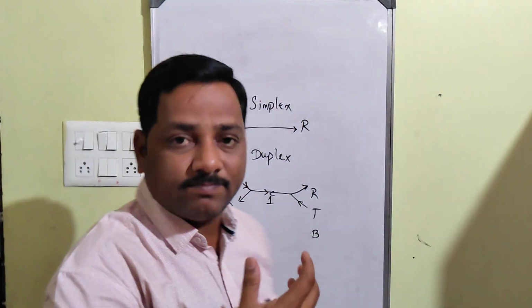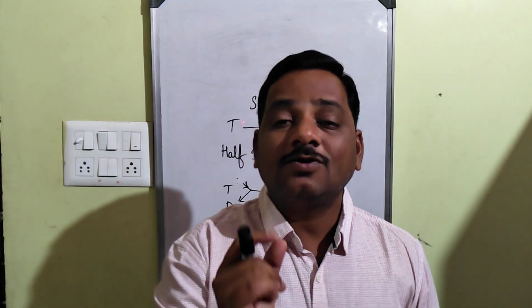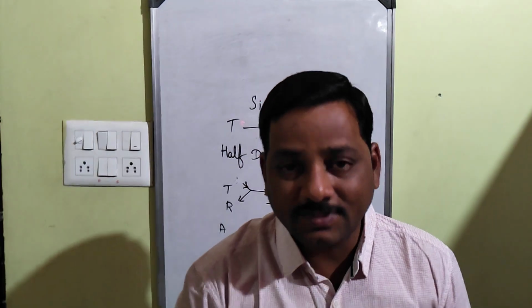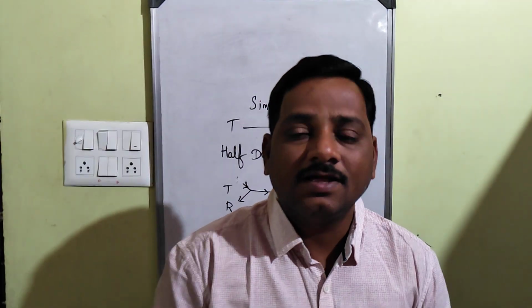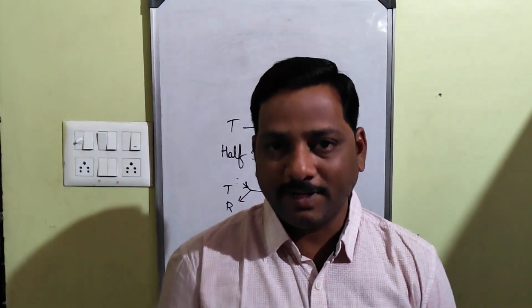So person A will speak, and at the end he says over. It means person B understands that he completed the data, whatever he wanted to transfer. So B can speak now. That code word over is used just to make it clear that I have done my job, now it's your turn to speak. That is how they understand, or adjust.